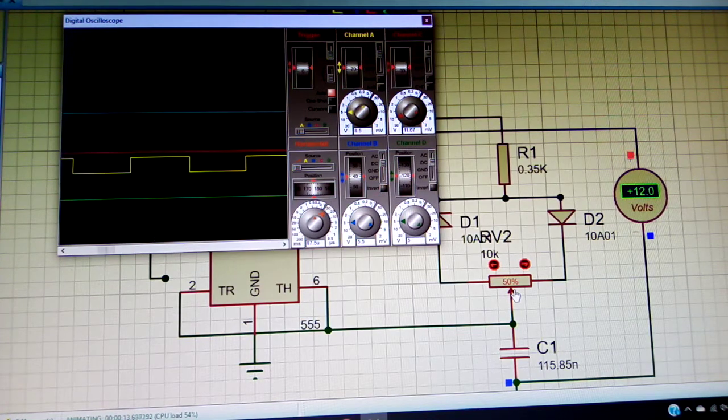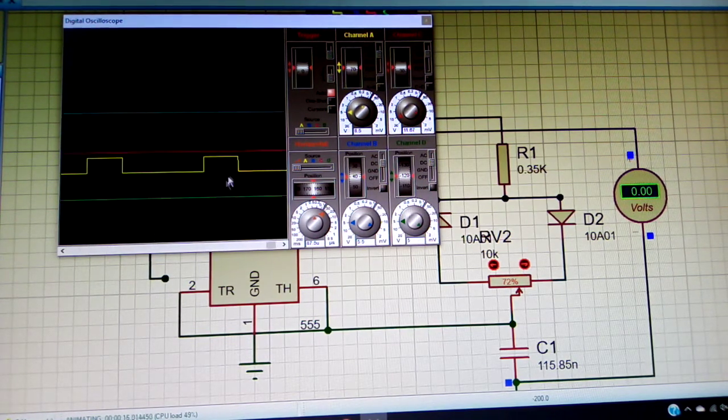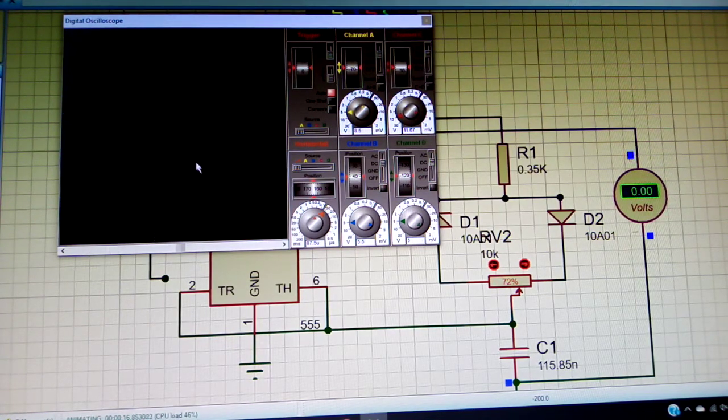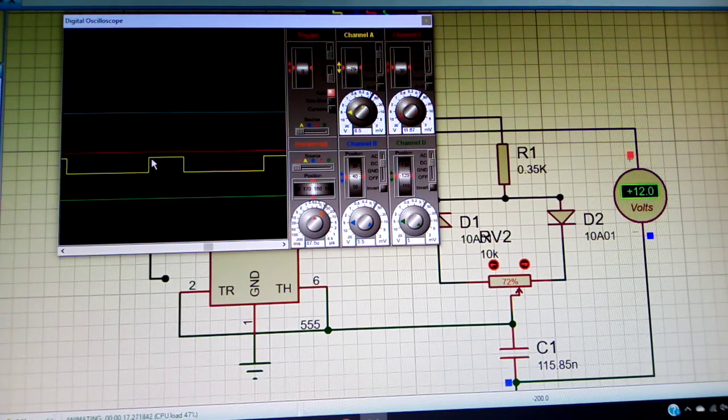In other words, 30%, I must put in my potentiometer 72%. In this one, I can identify my square signal obtaining 30% up, and 70% off.